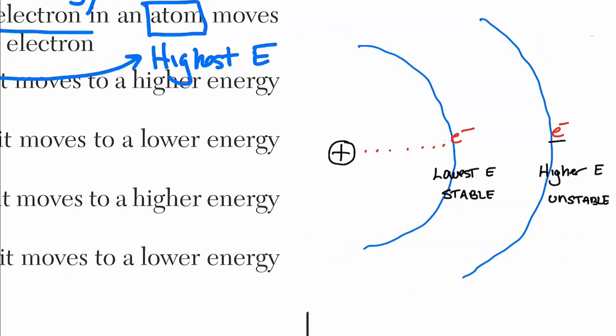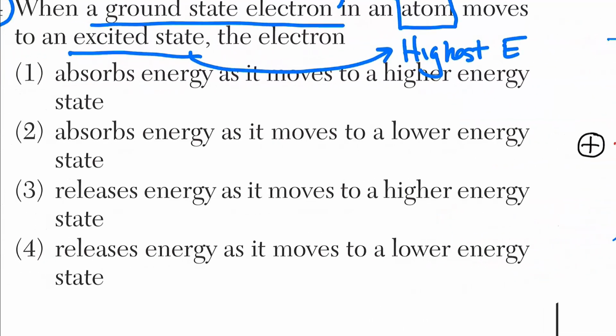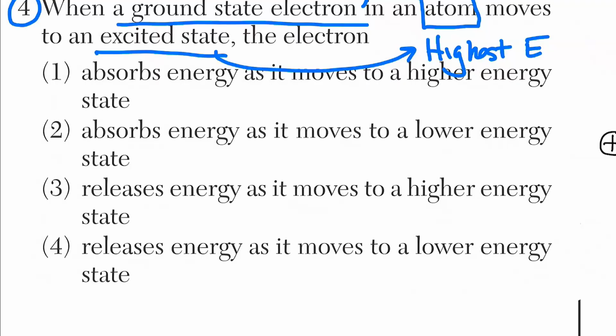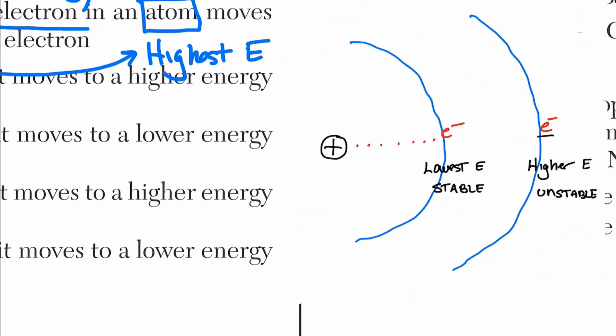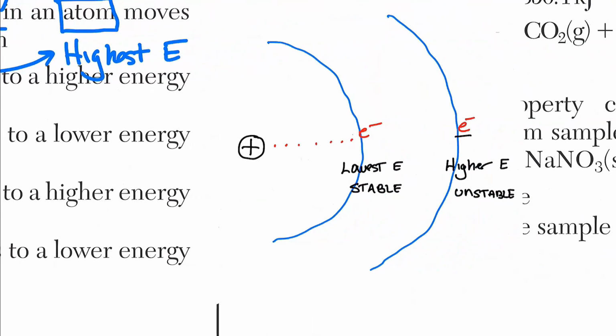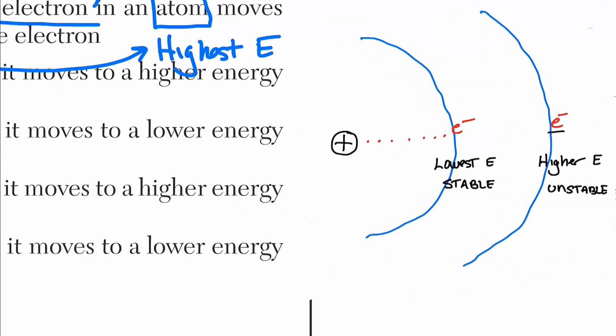Now, back to the question, why do I care? Well, because the question says, when a ground state electron moves to an excited state, what does the electron do? Well, if I've got an electron that's closer to the nucleus here, let's talk about this electron here, and if it is given energy that gets it exactly to this point, that's why it's quantized, it can't just go there, it needs to have a minimum amount of energy, and it can leap to this shell.